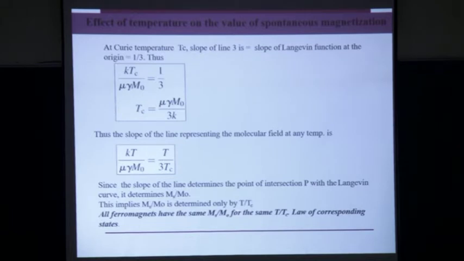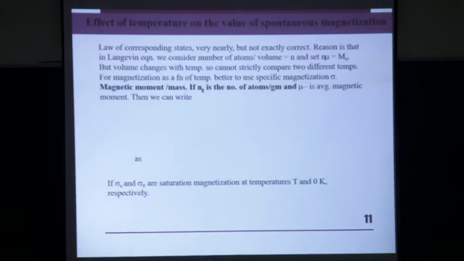So if you know the Tc of nickel, and you know the M0 and Ms of nickel, even for iron, it will have the same Ms by M0. So you can use that to predict the magnetic properties of ferromagnets, which are difficult to measure, by using this law of corresponding states. So the prediction is that this will yield similar values of Ms by M0 for the same T by Tc.